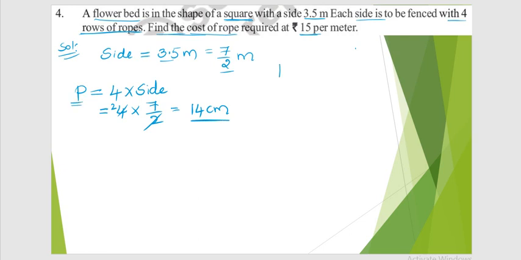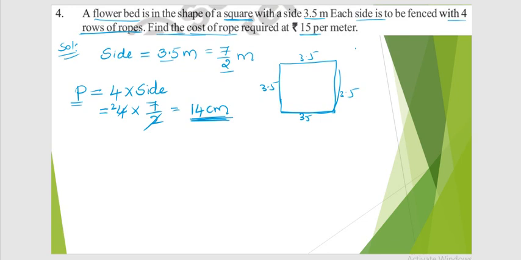Perimeter of the square means going around this particular square. This side is 3.5, this is 3.5, this is 3.5, and this is 3.5. If I make one total round around this, I am going to get a total of 14.